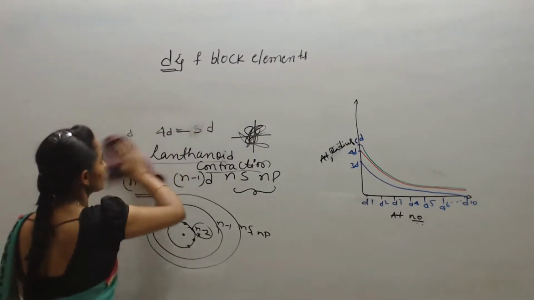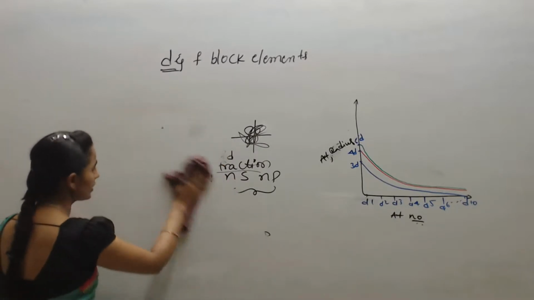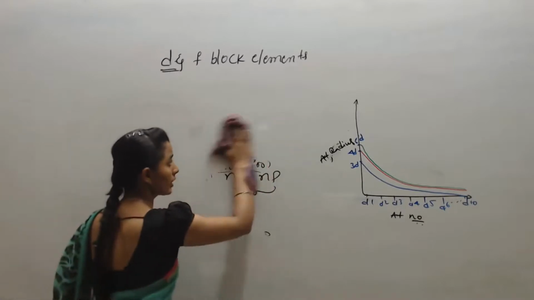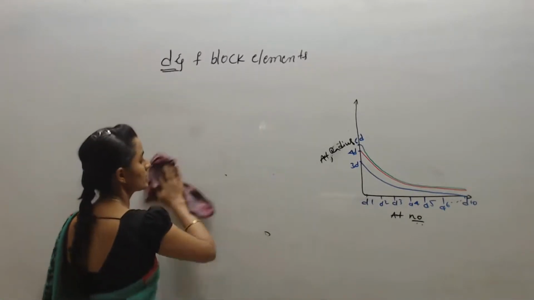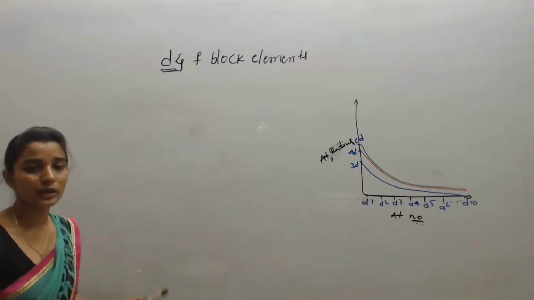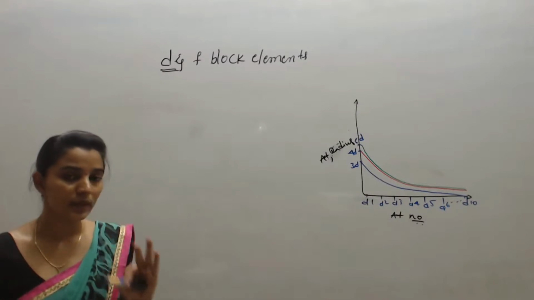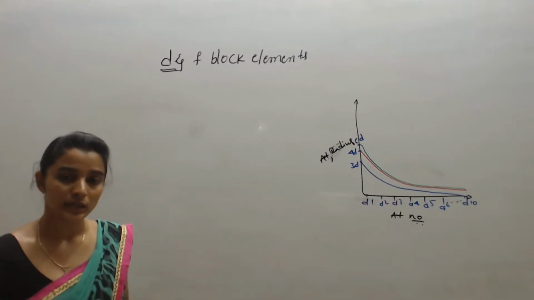So this is all about, students, the atomic and ionic radius. Ionic radius, as I told, d block elements show variable oxidation states. Why? Because there are a number of valence electrons in the d block, from the s subshell as well as the d subshell.